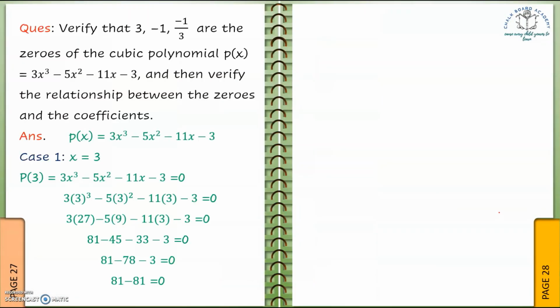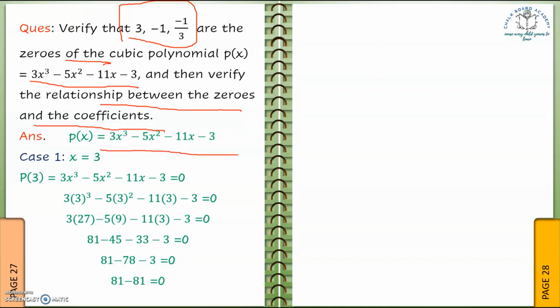Now further, let's look into another question. Here we are given 3 zeros. Verify that these 3 zeros are the zeros of this cubic equation and then verify the relationship between the zeros and the coefficients. So the p(x) here is 3x cube minus 5x square minus 11x minus 3.